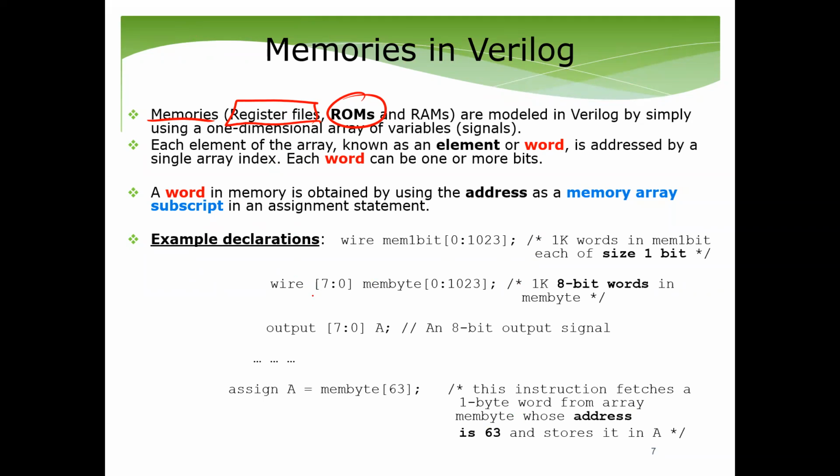You will be introduced to register files when you take computer architecture, and we also know RAMs, but in our example we talk about ROMs. So we can model it by simply using a one-dimensional array of variables. An array of variables means I will have a value here, name it anything, and then another value here. This is the number of elements for each row, and this is the number of rows.